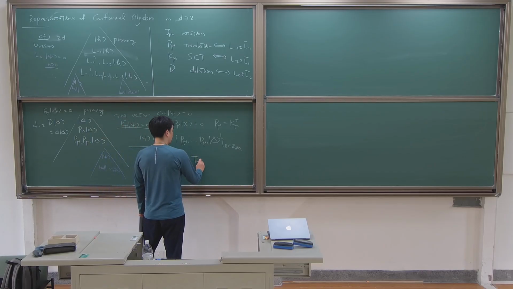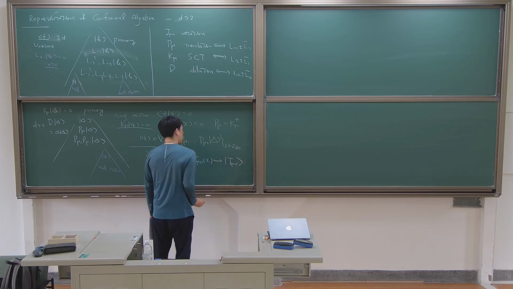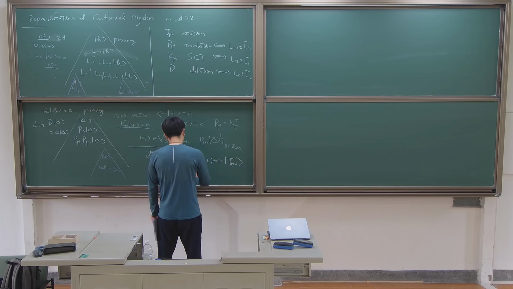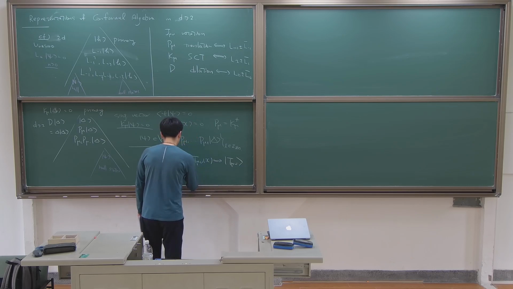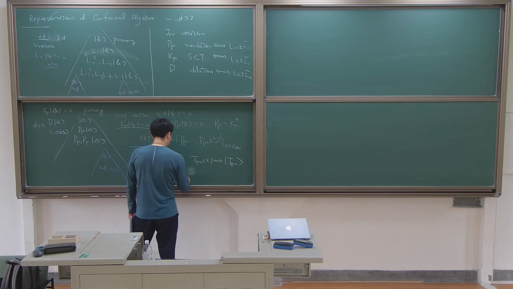Therefore, in CFT, there is a state-operator correspondence. There is a T mu. So this equation of motion is equivalent to P mu acting on T mu. So this is a singular vector.